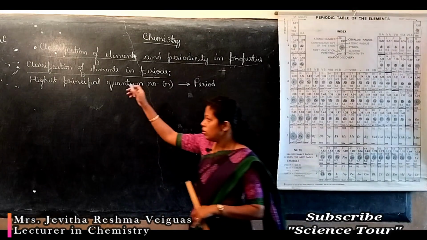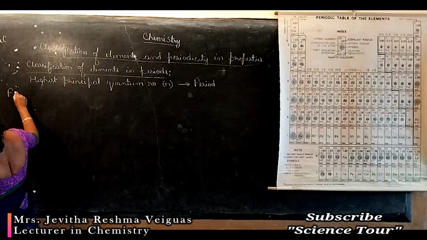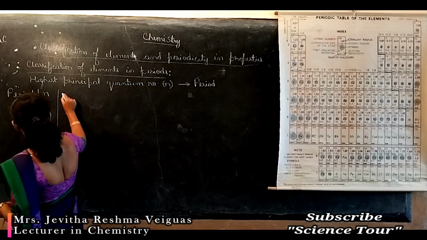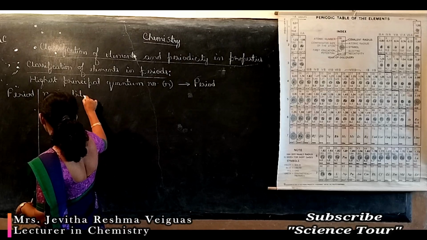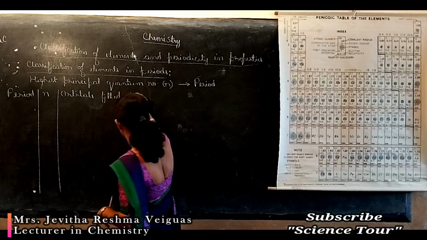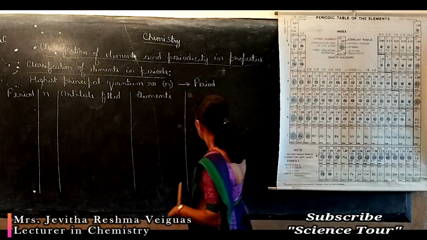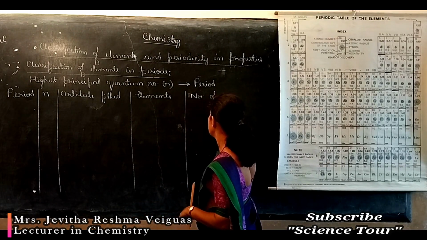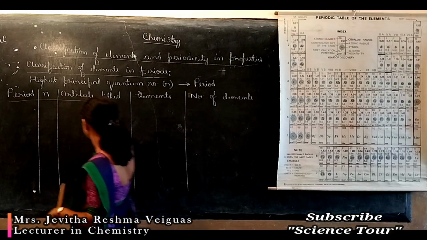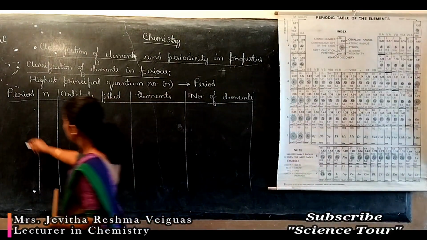So let us take the periods and highest principal quantum number, and let's study which are the orbitals filled and which are the elements present in a particular period, and let's count how many elements are present in the given period. So let's study about the period wise classification in detail.